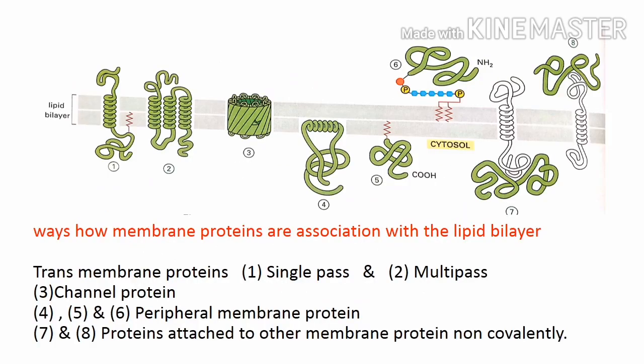Here the diagram shows the arrangement of membrane proteins and how the proteins are arranged in a plasma membrane. This is the lipid bilayer, the lower portion is facing towards the cytosol and the upper portion is away from the cytosol, that is the extracellular portion.